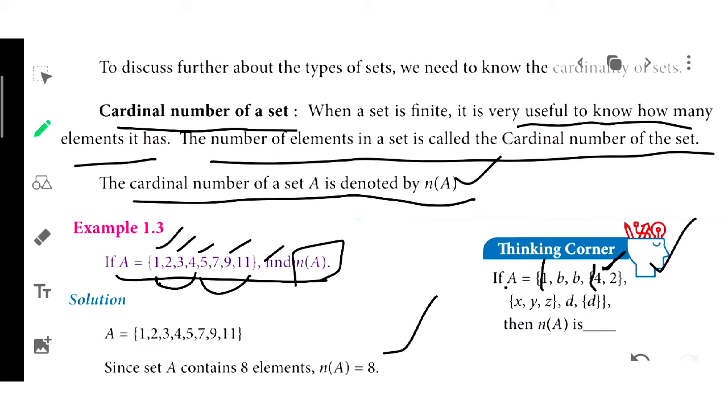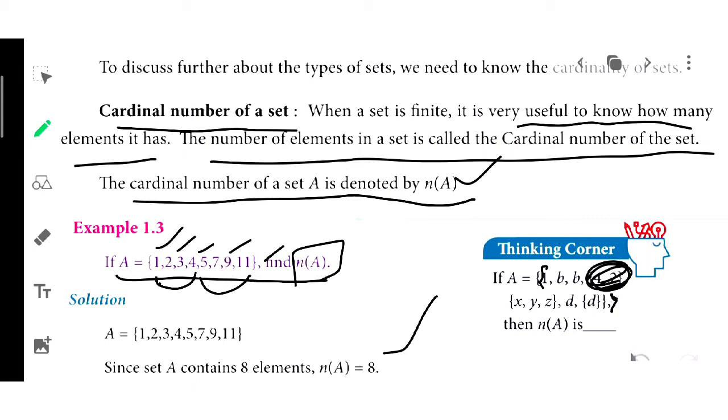So make it clear that a repeated element is counted once, that is, this B is repeated, so it should be counted once. And also this is a single set with two elements, but as a whole we have to consider this as 1 element.